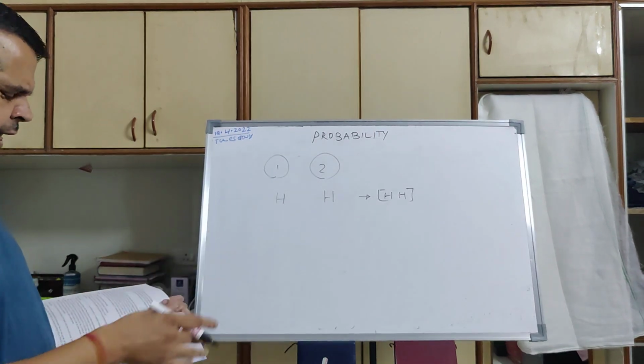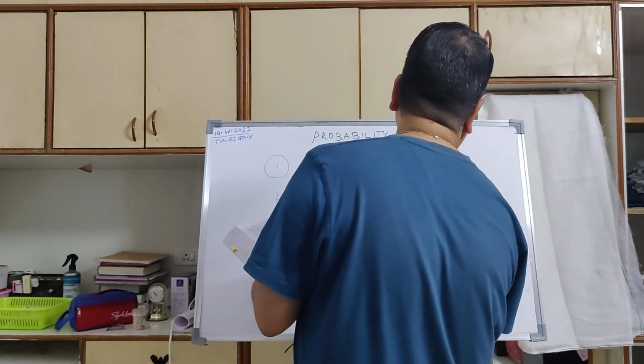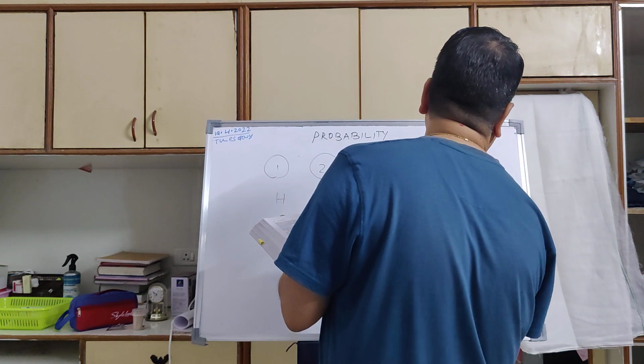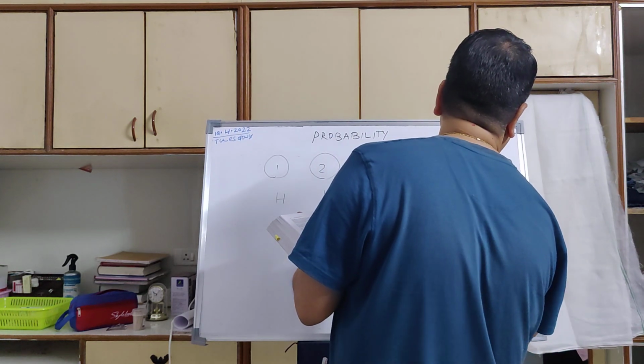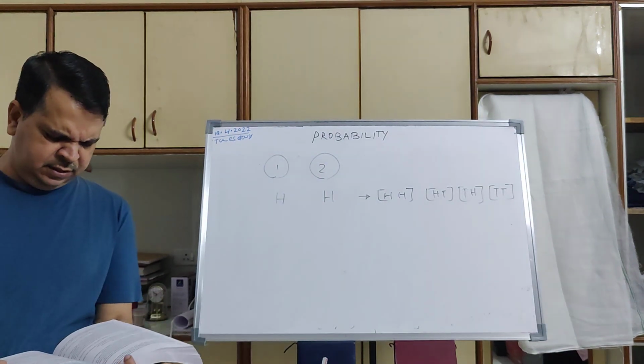You can have head on both coins. Similarly, you can have head tail, tail head, and tail tail.